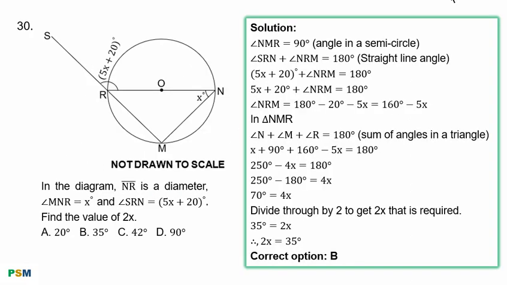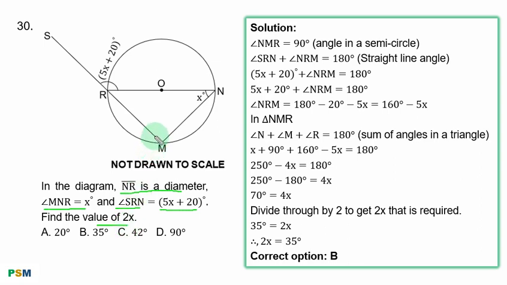Question 30. In the diagram, N arrow is a diameter, angle MN arrow is equal to S degrees, and angle S arrow N equal to 5S plus 20 degrees. Find the value of 2S. Solution.